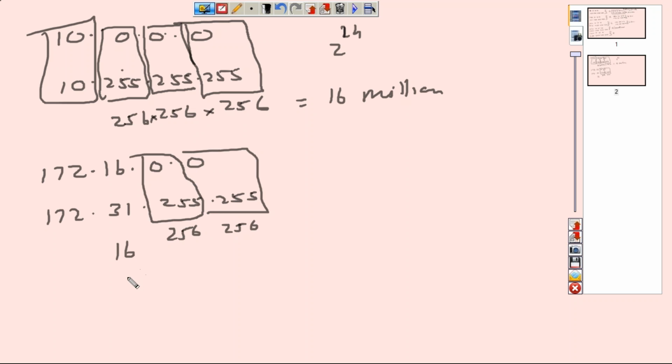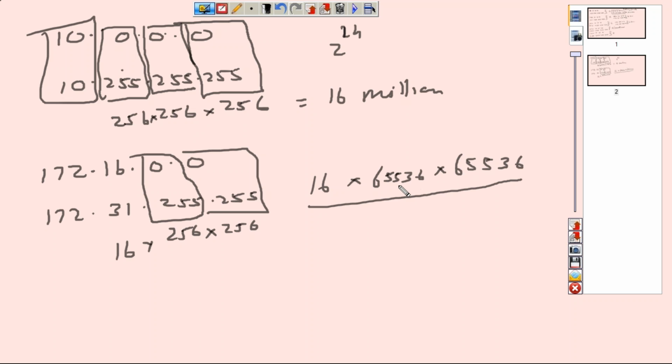Roughly 16? If you start counting from 16, remember 16 is inclusive. You don't count from 17. So 16, 17, 18, and all the way to 31 is 16. So basically, that's what you're looking at. If you look at it, it is 65,536 into 16. So that many IP addresses you have as your private range.